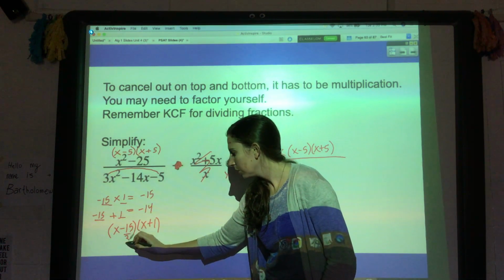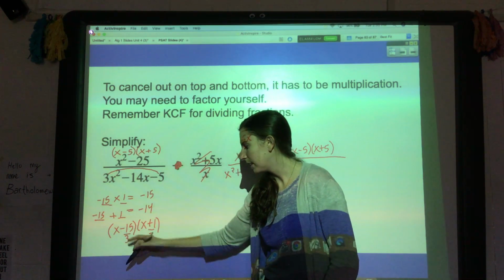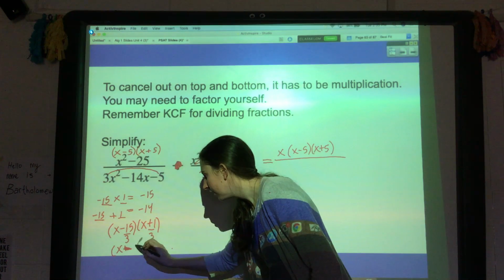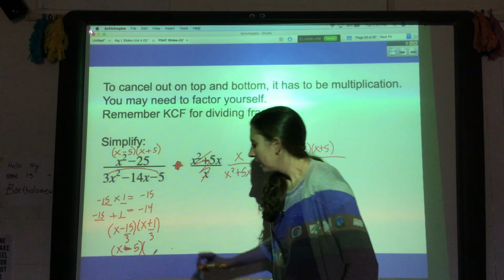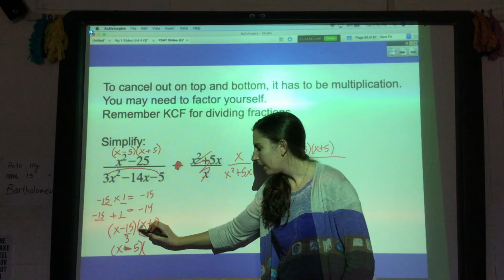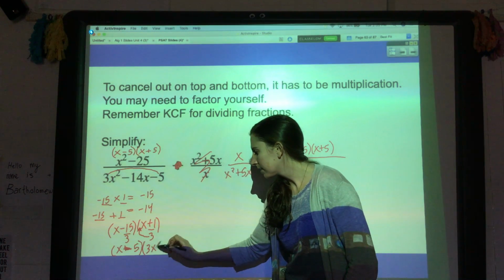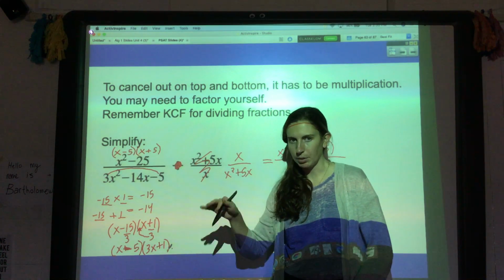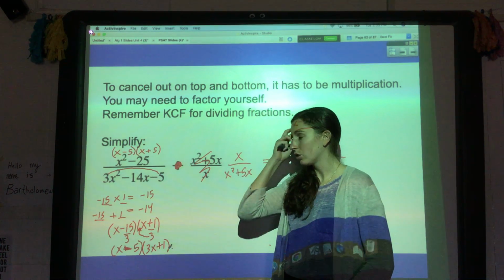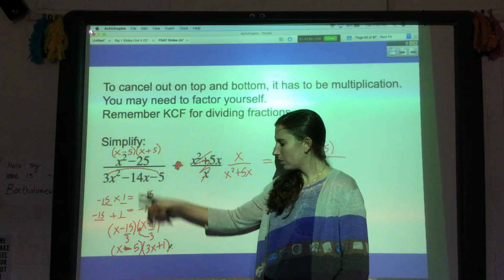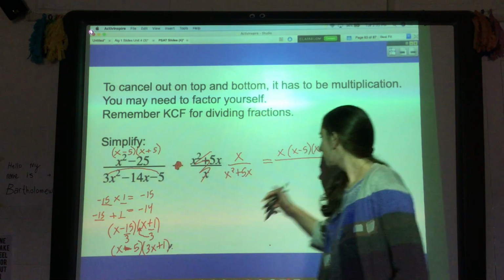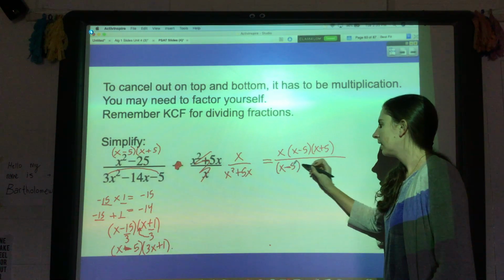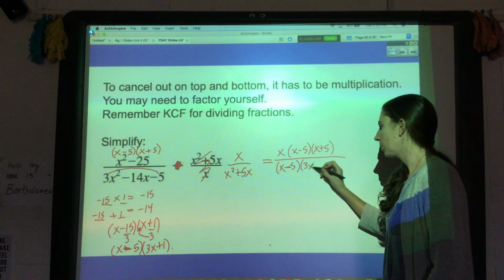This one divides in evenly, so we get x minus 5. This one doesn't divide, so we slide it over and get 3x plus 1. Those are my factors. I don't need to set them equal to 0. I'm not trying to solve here, just trying to factor. So I've got x minus 5 and 3x plus 1.